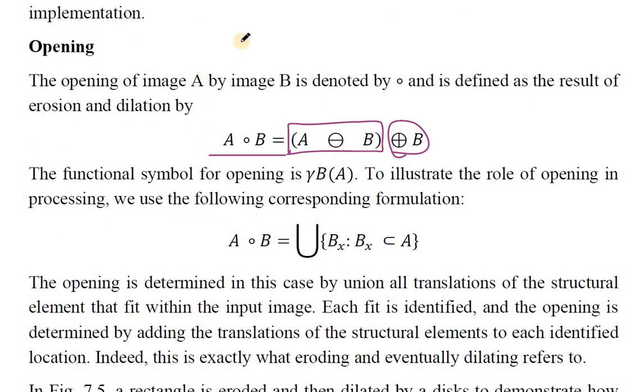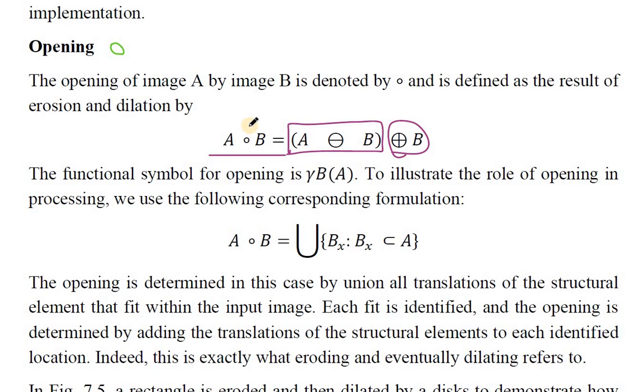Now opening of image A by B. So B again here is your structural element only. So how is opening written? A opening B is shown by a circle which is not filled. Okay, please remember how opening is shown. We are going to need it later on.